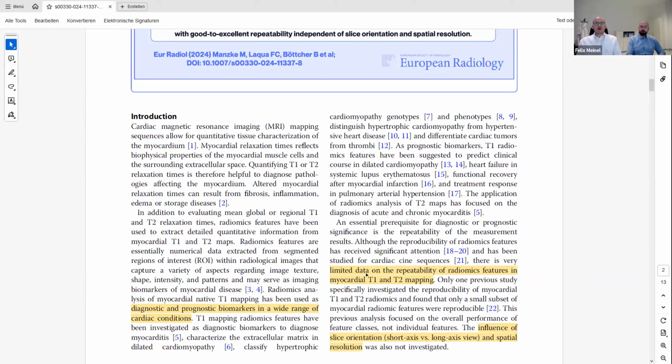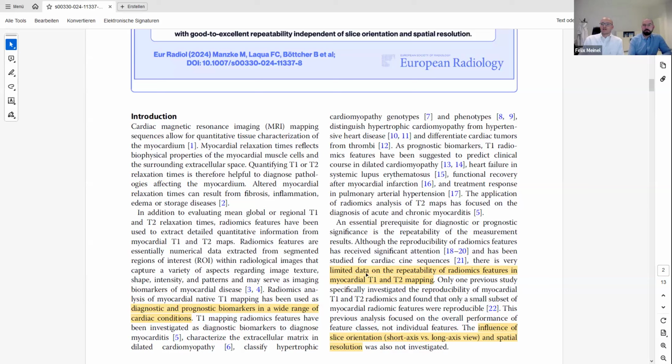So basically, our rationale was to think, well, wait a minute, shouldn't we first make sure that these features are actually reproducible? Because if they are supposed to be valid biomarkers to diagnose or make prognostic implications, then they should at least be repeatable, at least when we repeat the same scan under identical conditions.